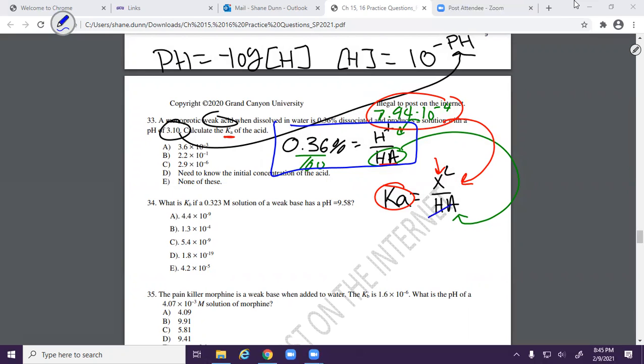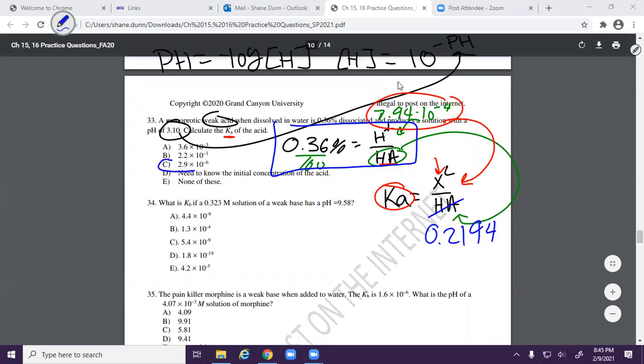So you plug that number in for HA here, 0.2194. So 7.94 times 10 to the negative 4th squared divided by 0.2194 should give you a Ka value. What is your Ka value? It's C. Good job, Matthew. It is C.